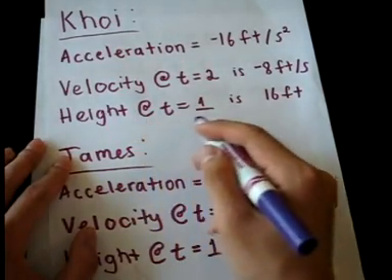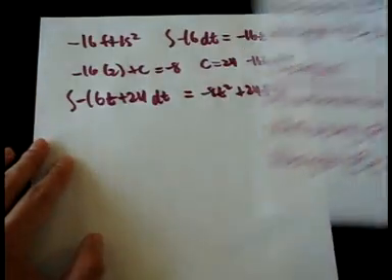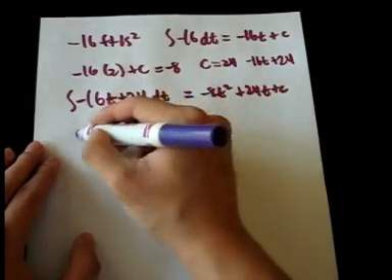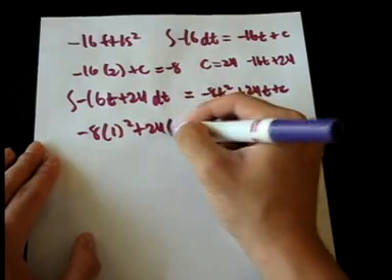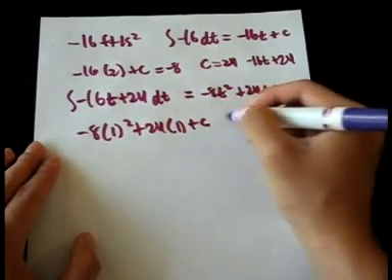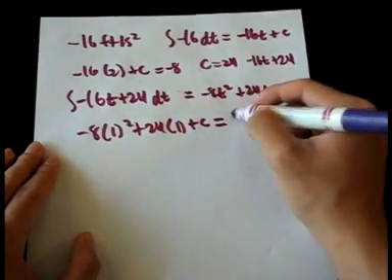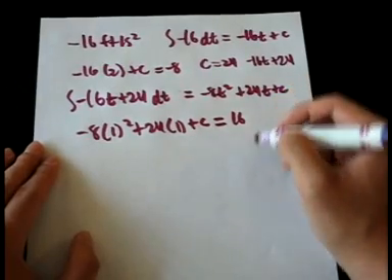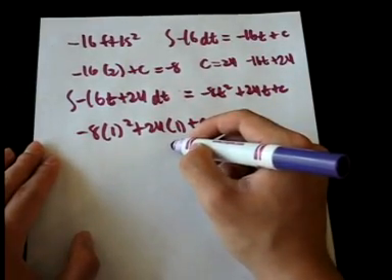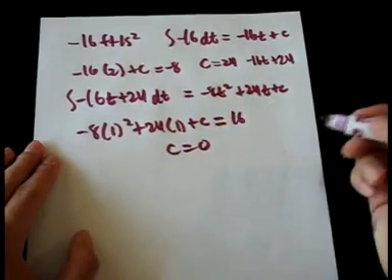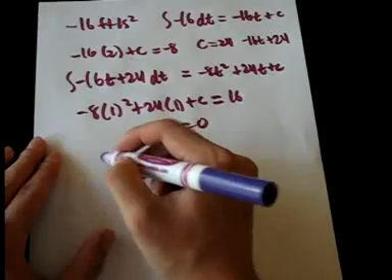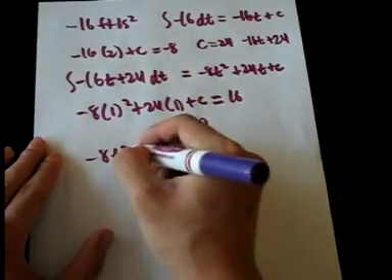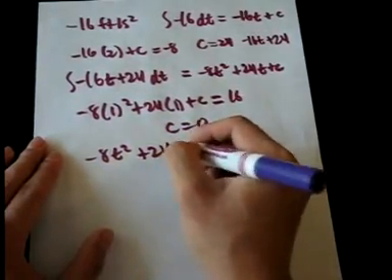Since the height is given at t equals 1, you can plug it in and find the value of c. Equals 16 feet. If you work it all out, I think c turns out to be 0. So the original function would just be negative 8t squared plus 24t.